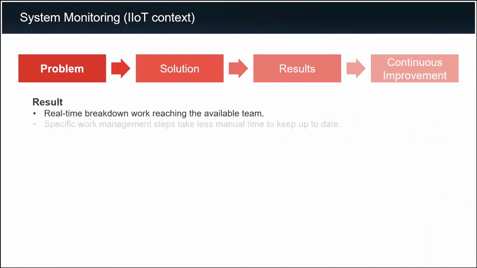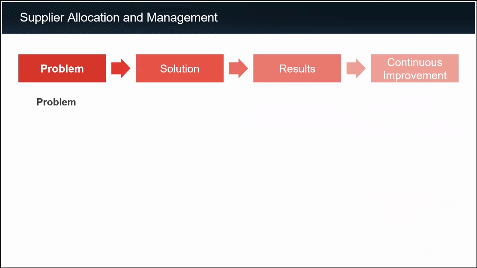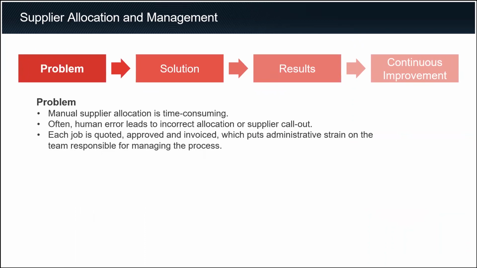Okay. And then the other example that I quickly want to go through is supplier location and management. The business challenge for this example is basically that manual supplier location is time consuming. Work is generated and we need to send someone out to attend to the work, and that happened manually at that stage.